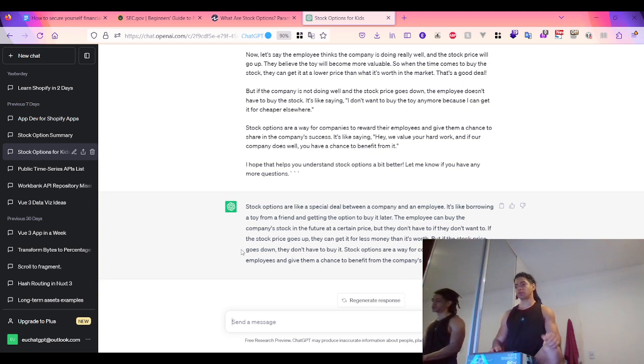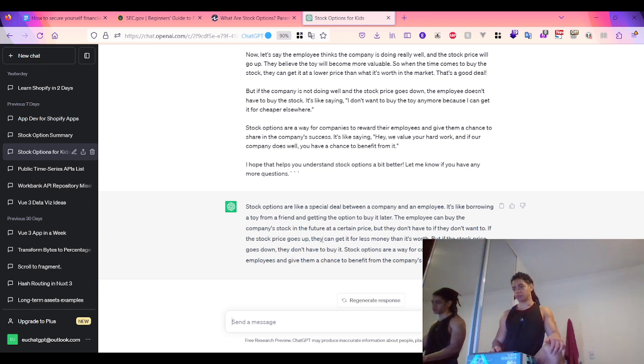Okay, so stock options are like a special deal between a company and an employee. It is like borrowing a toy from a friend and getting the option to buy it later. The employee can buy the company stock in the future at a certain price, but they don't have to if they don't want to.